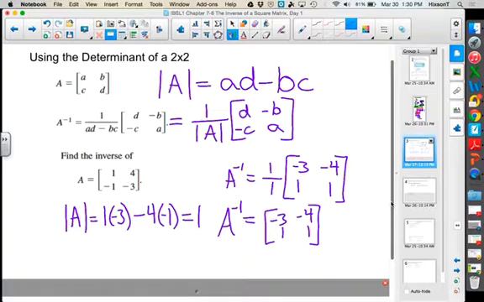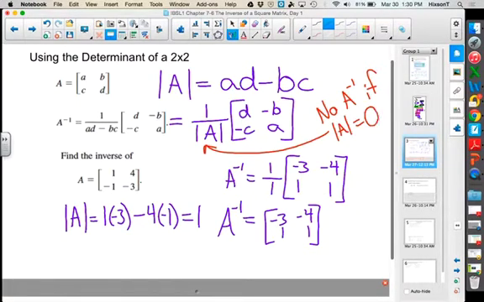If we tried to do this with echelon form, and you had a 0 determinant, you'd get one of those forms where you had like 0, 0, and so on, no solution. But here, if the determinant equals 0, there is no inverse. It's undefined. Okay?